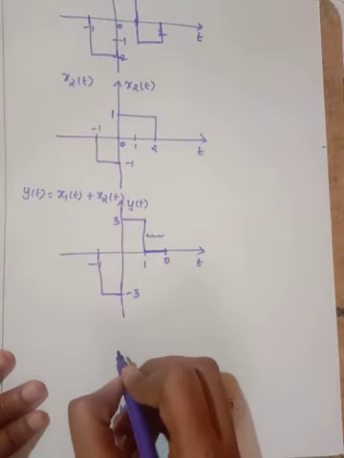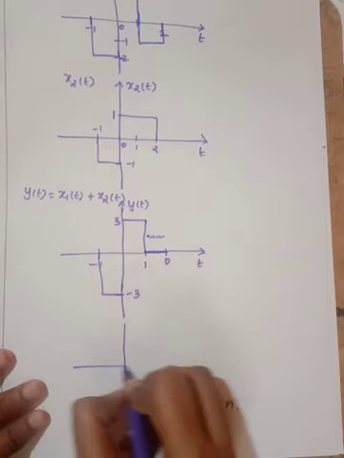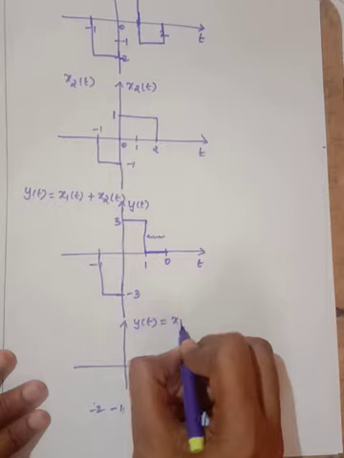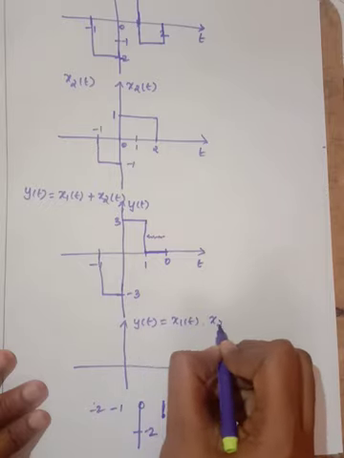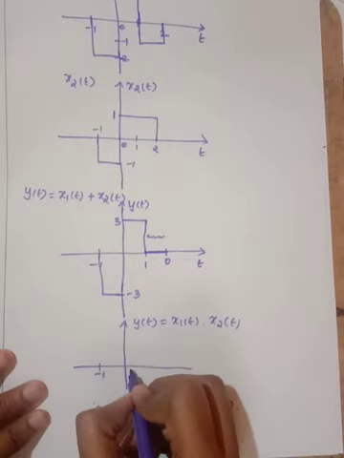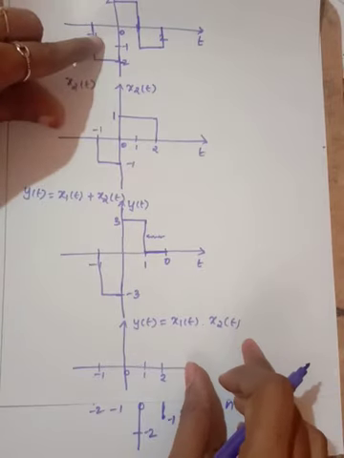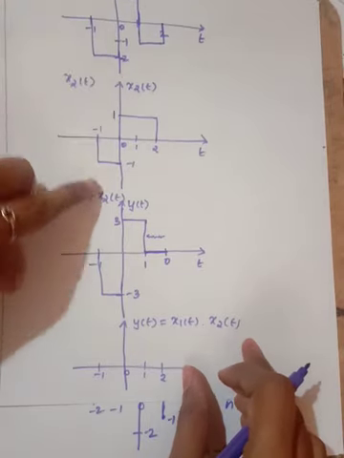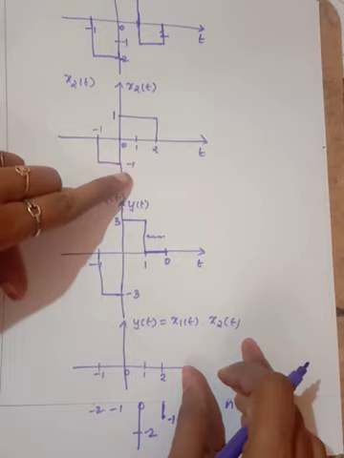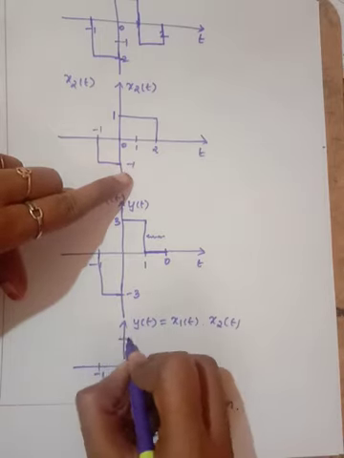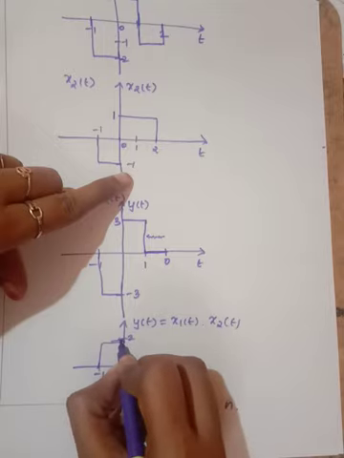Now I will show how to multiply these two signals. Consider y of t equal to x1 of t into x2 of t. The same indices I need to take: -1, 0, 1, 2. From -1 to 0, the value is -2 and here it is -1, so -2 into -1 gives +2.